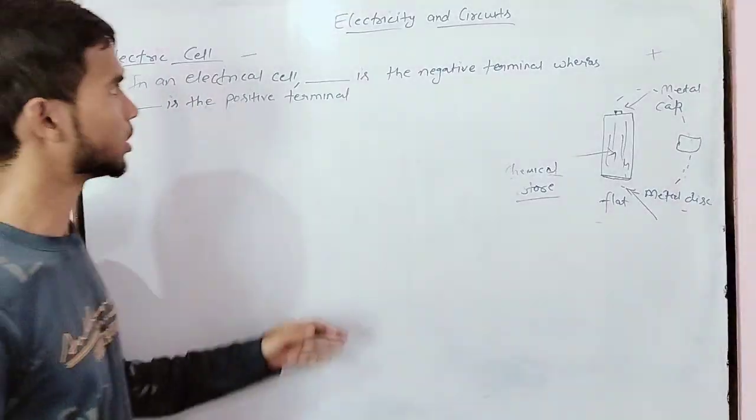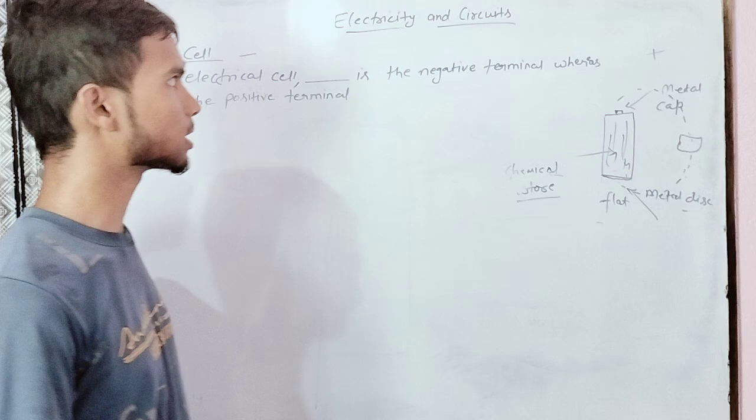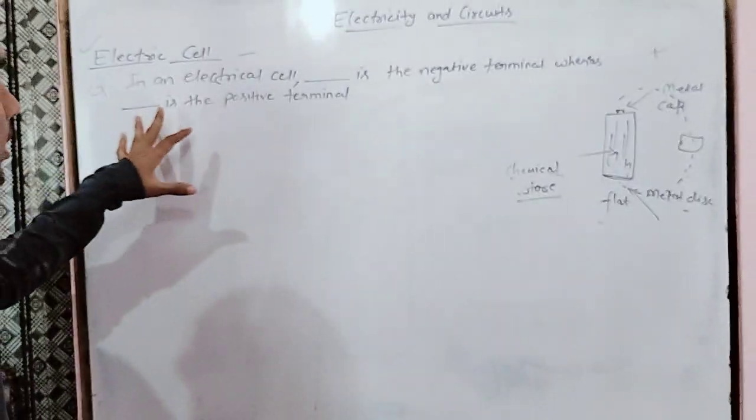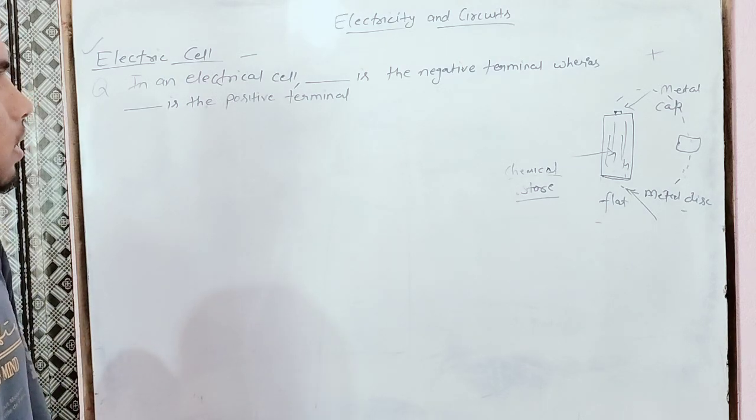In an electric cell, fill in the blank is the negative terminal, where fill in the blank is the positive terminal. What is it saying?